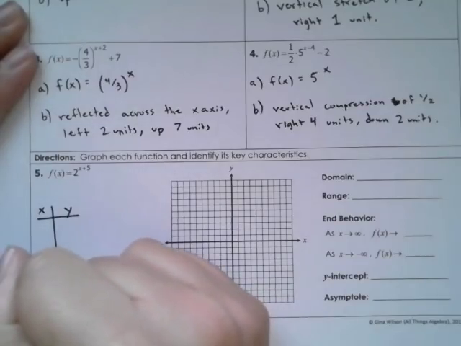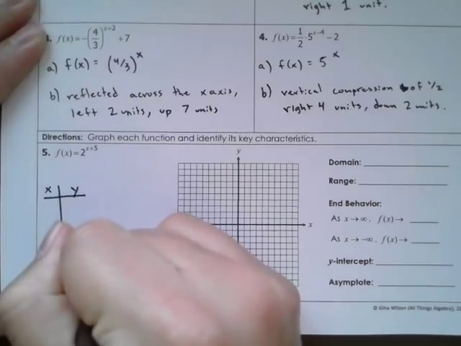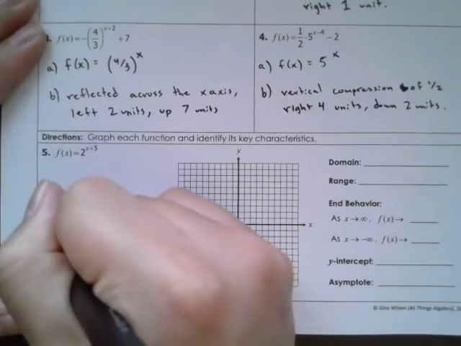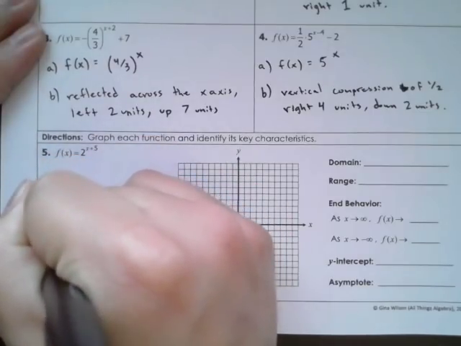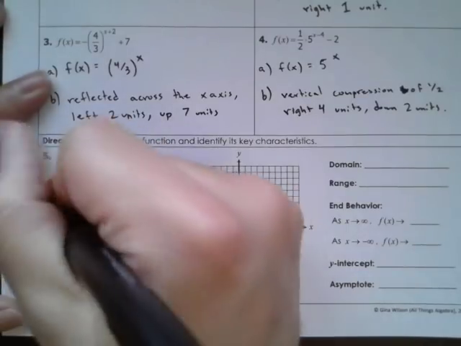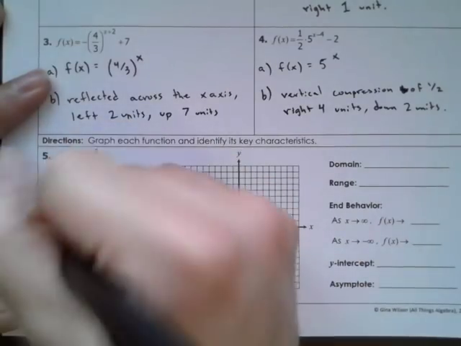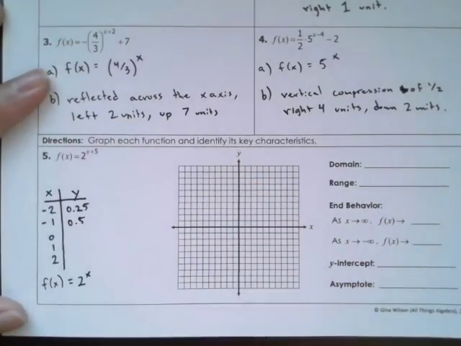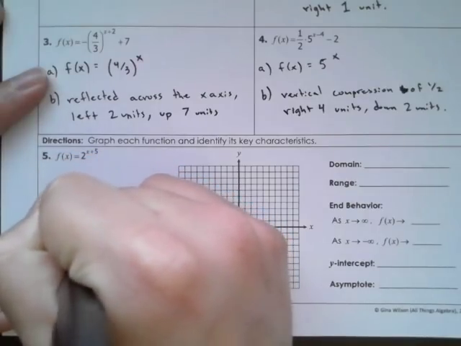So then the parent function here is f of x is equal to 2 to the x. So I'm going to plug in my usual values here. When I plug in these values, okay, I'm going to get 0.25 or a fourth, 0.5 or half, 1, 2, and 4.